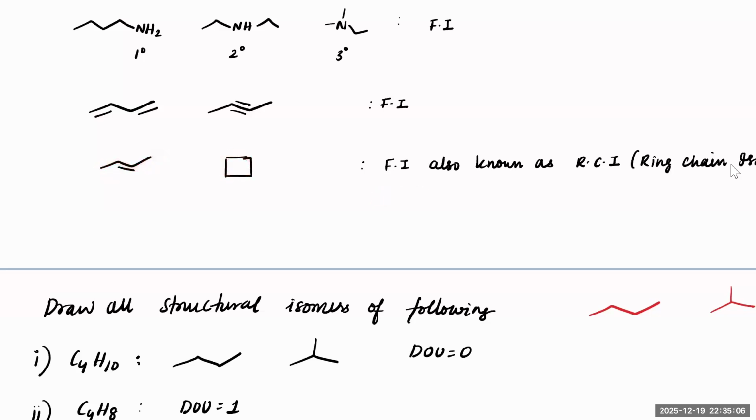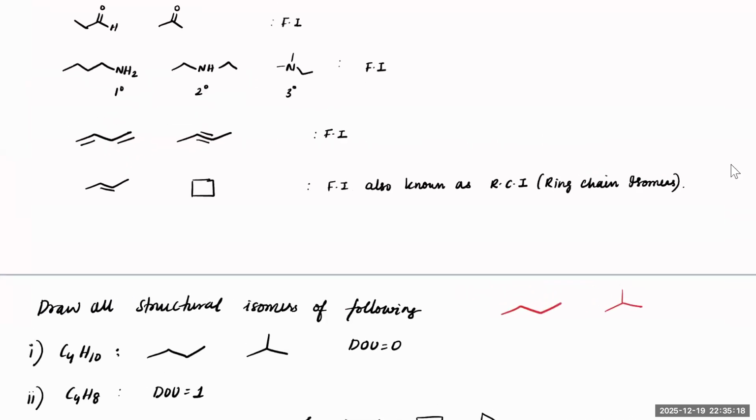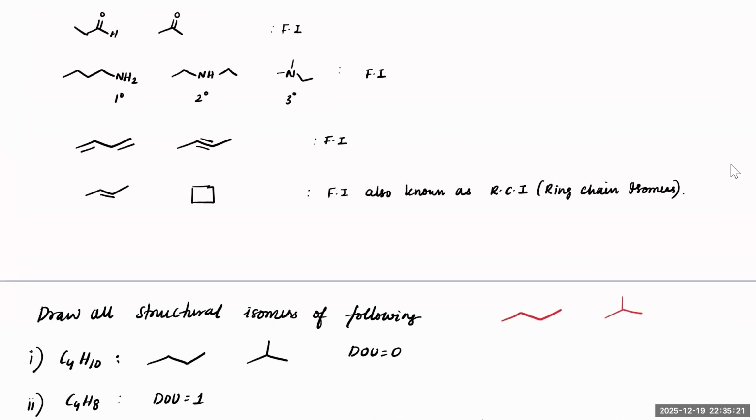Cyclic and straight chains are two different functions, but there is a word given to it, that is ring chain isomers. So this functional isomer is given the name ring chain isomers. Everybody clear?